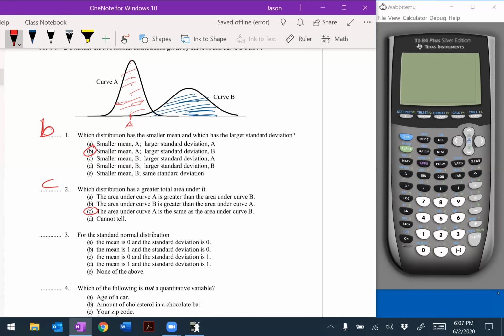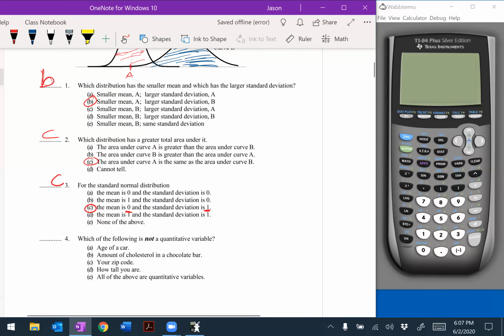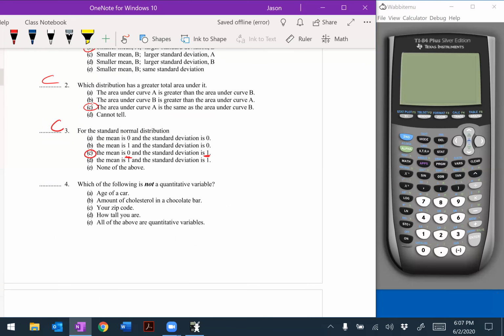Okay, for the standard normal distribution, the mean is 0 and the standard deviation is 1. So that would be C again. Which of the following is not a quantitative variable? Again, what does quantitative mean? That's a number. Okay, that's numerical.